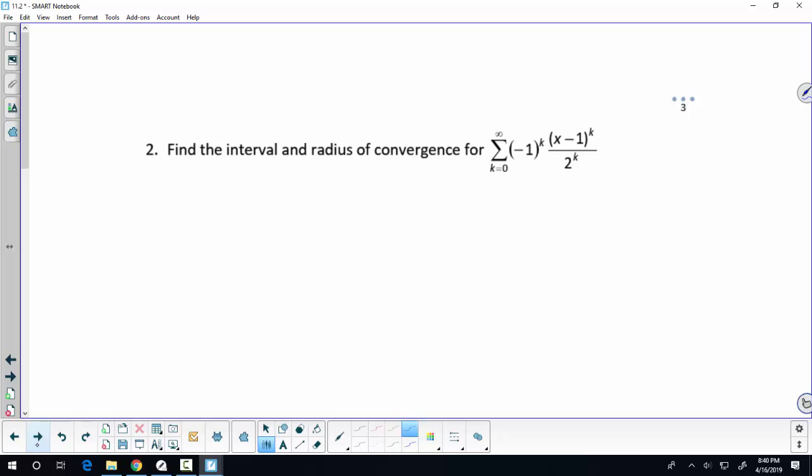The ratio test is okay to use here, but I think the root test is easier, because if we take the kth root of all of this, all of those powers of k go away. So we're computing the limit as k approaches infinity of the kth root, or all of that to the 1 over k power.